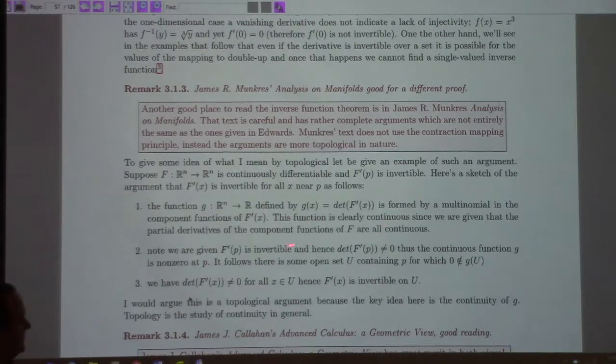It's continuous, right? And we're given that the Jacobian matrix is invertible, which means the determinant is non-zero. So we've got a continuous function which is non-zero at a point. In calculus 1, we learned that if you have a continuous function which is non-zero at a point, there has to be an open neighborhood of that point on which the function remains non-zero.